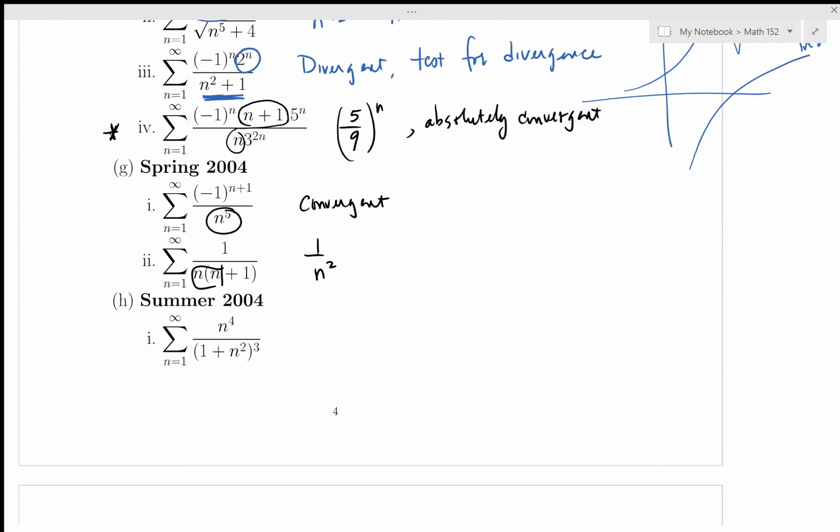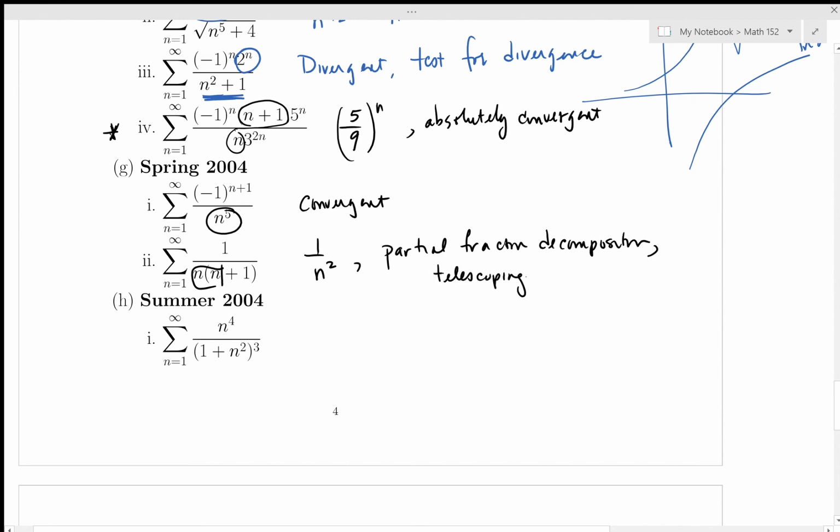You also, if you wanted to spend extra time doing this, could use the partial fraction decomposition, and then telescoping series. Would I recommend this?